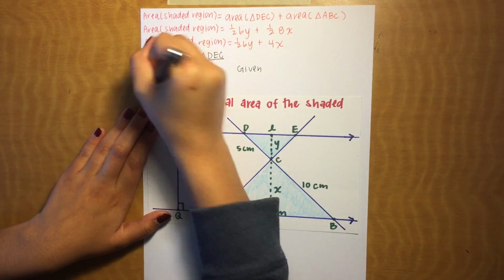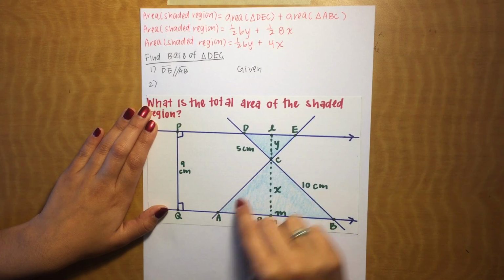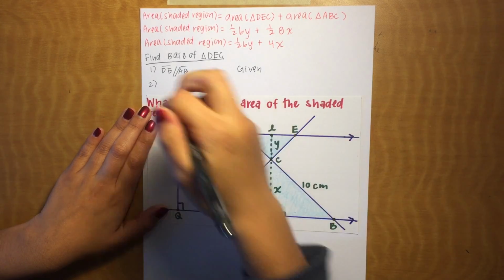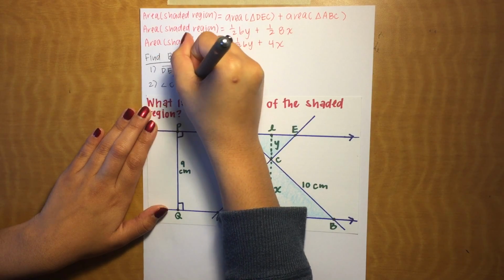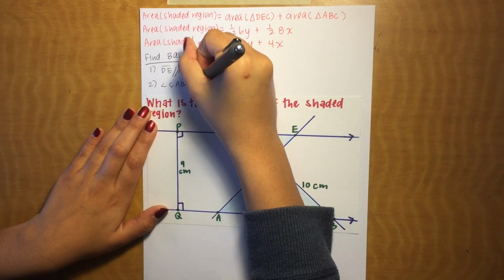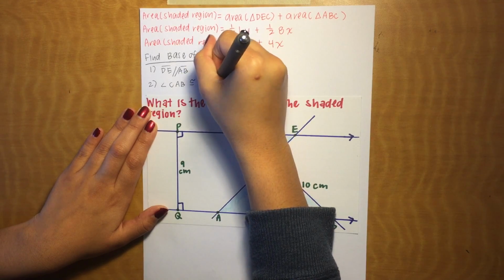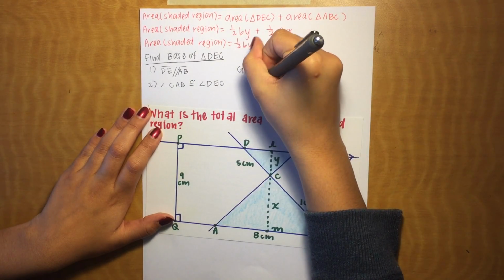From there, we know that angle CAB is congruent to angle DEC by alternate interior angles.